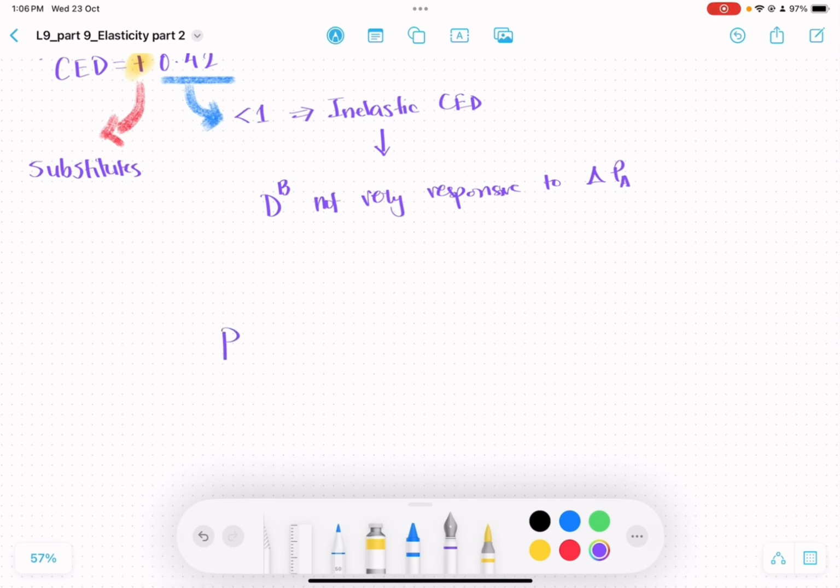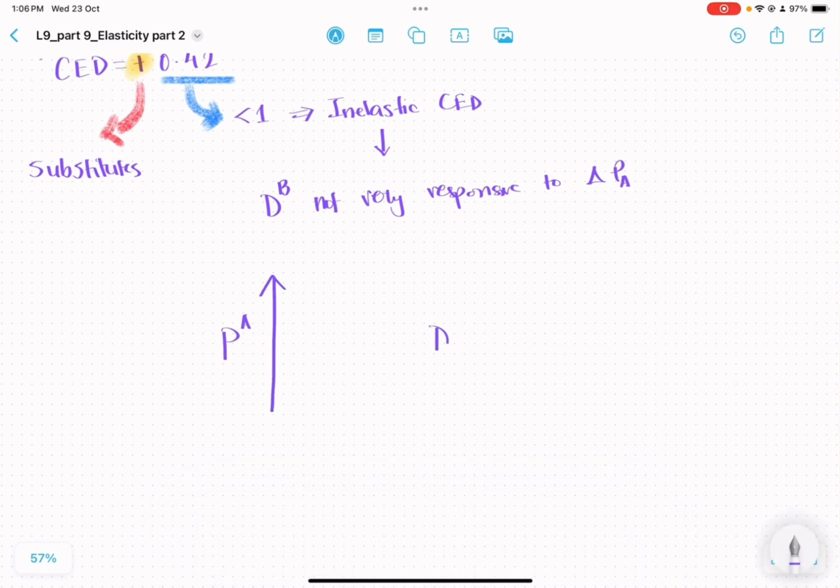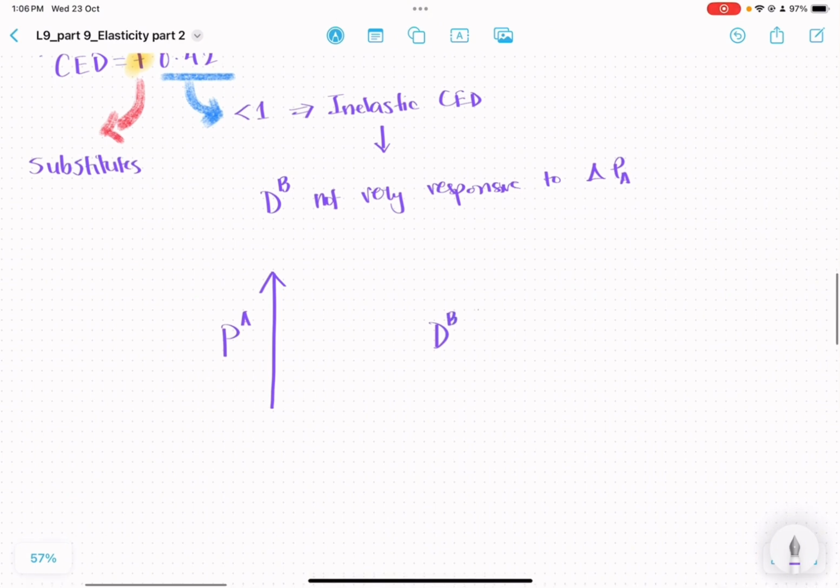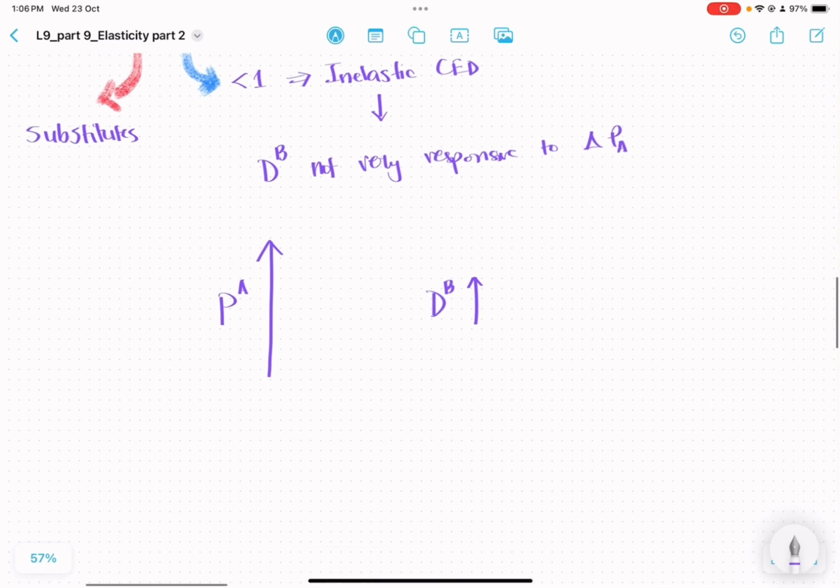So if we use the arrows, what it means is that if the price of good A was to go up, the demand for good B would also go up, but by a much smaller proportion. Okay, so the response is much less.